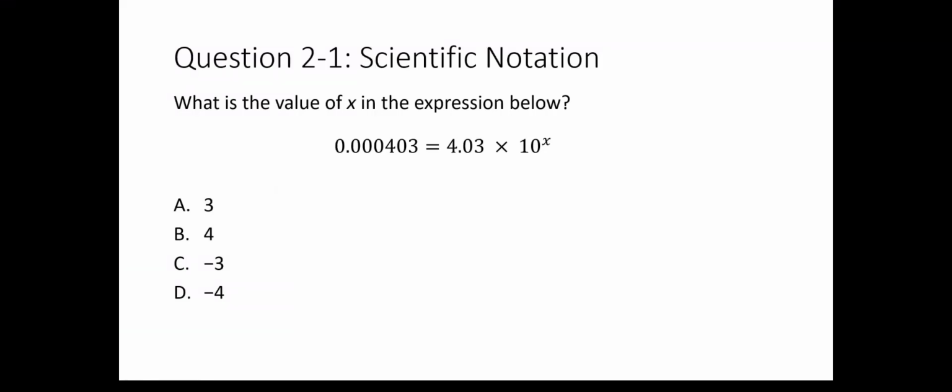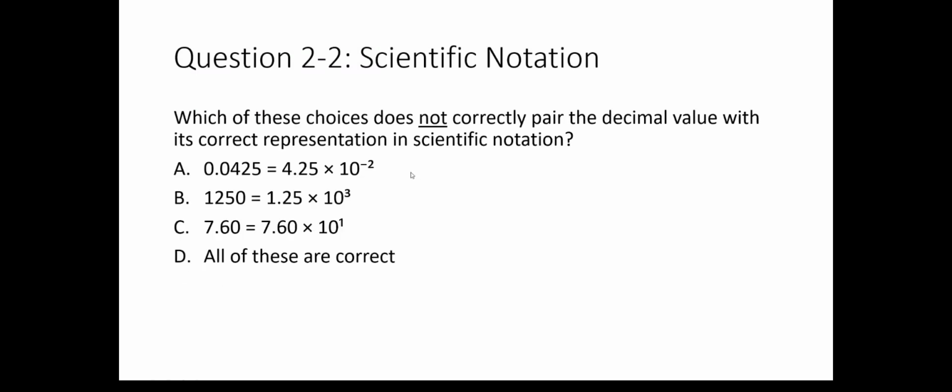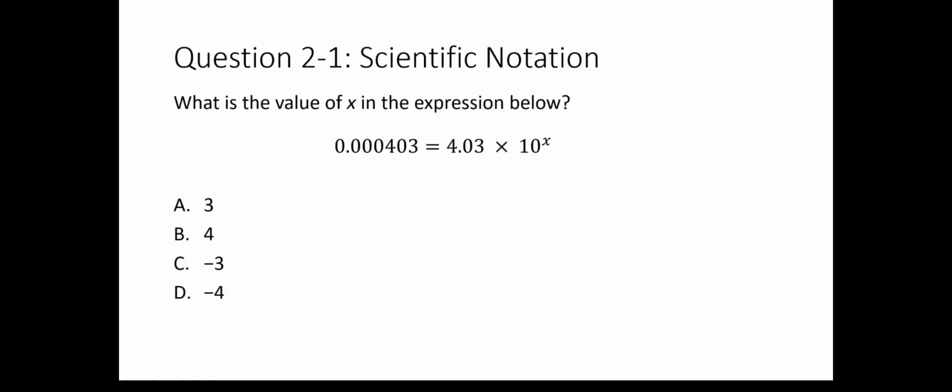What I'd like to know is, what is the value of X? And I'm going to put up a poll right here. So decide what the answer is. Don't say it. Don't type it. Decide what the answer is, A, B, C, or D. And give me an answer, please, to what the actual value of X should be there. If it's 3, 4, -3, or -4, what should X be?